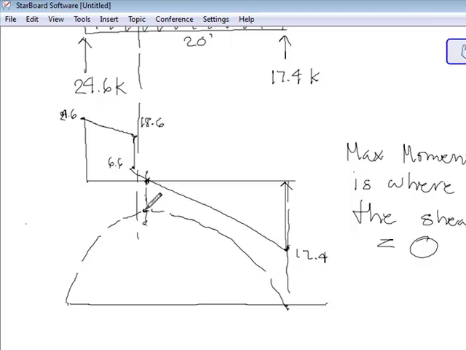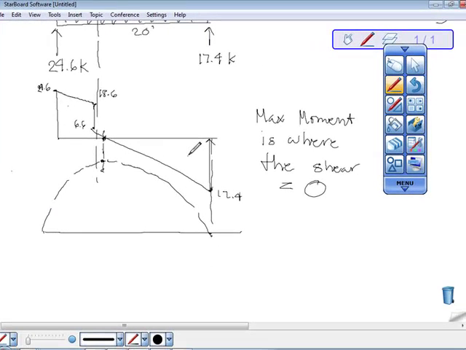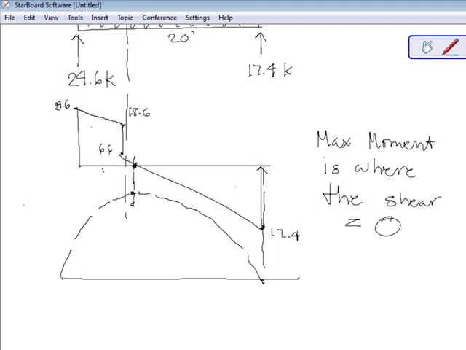And that's going to be equal to the area of these things. So you've got to figure out what your areas are. If that was a clearer picture, it'd be easier. We know that this is 4 feet right here, right?